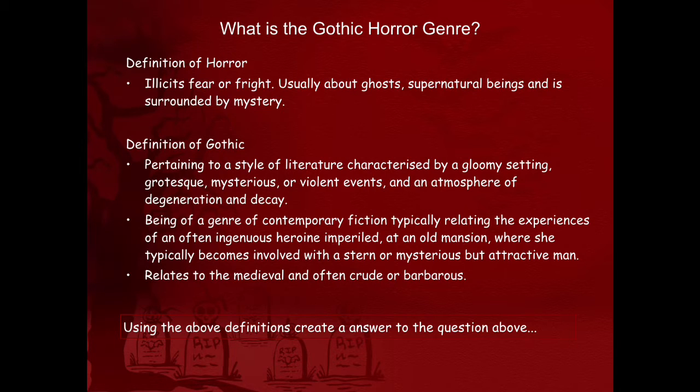It's typically relating the experiences of an often ingenuous heroine imperiled at an old mansion where she typically becomes involved with a stern or mysterious but attractive man. It also relates to the medieval and often crude or barbarous. So it's quite a lot of things linked to decay, and it's really dark and mysterious as well.